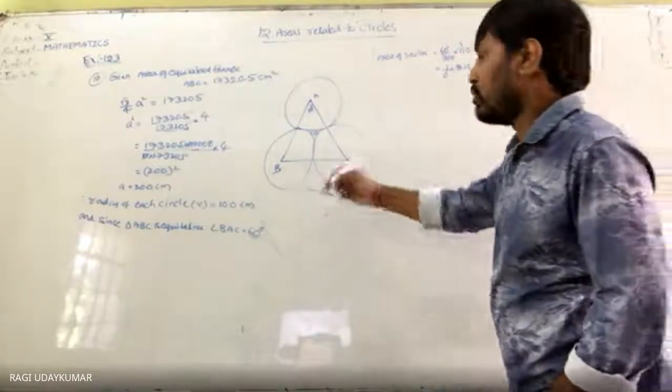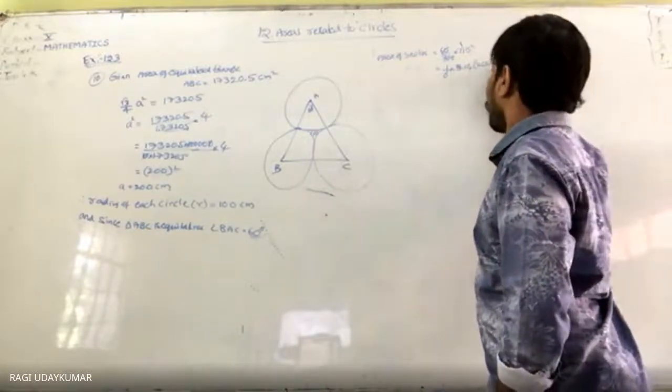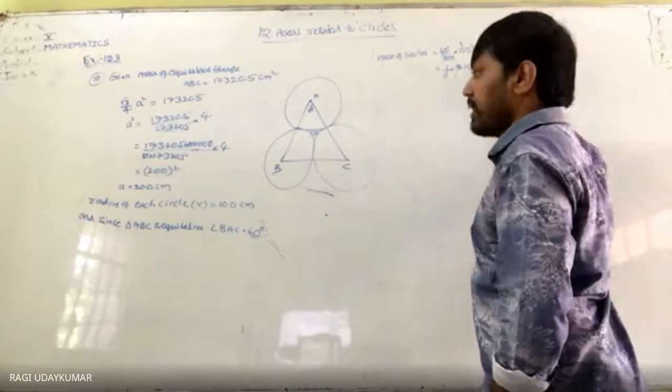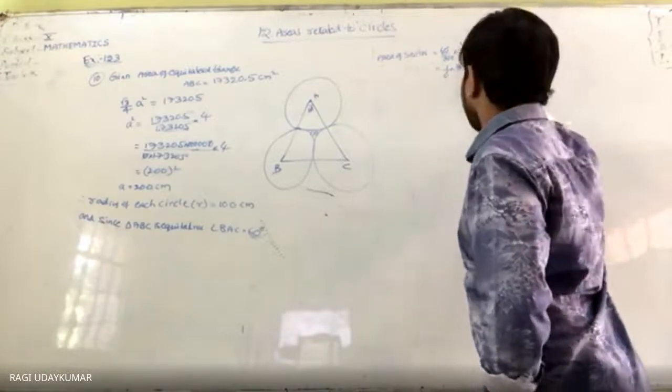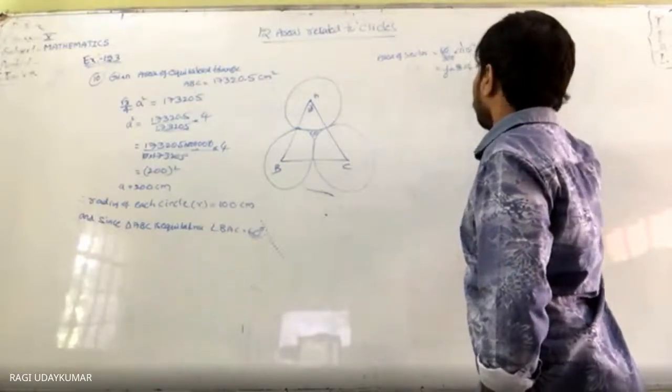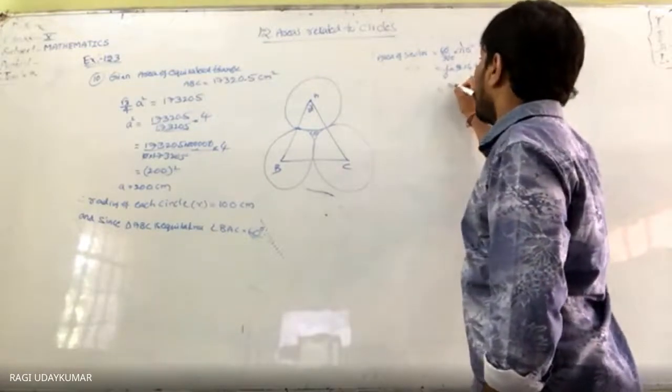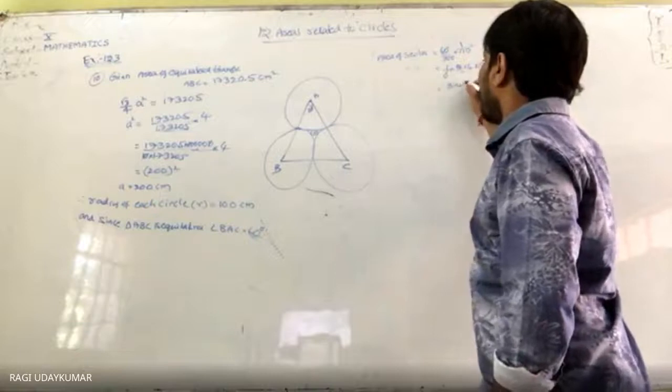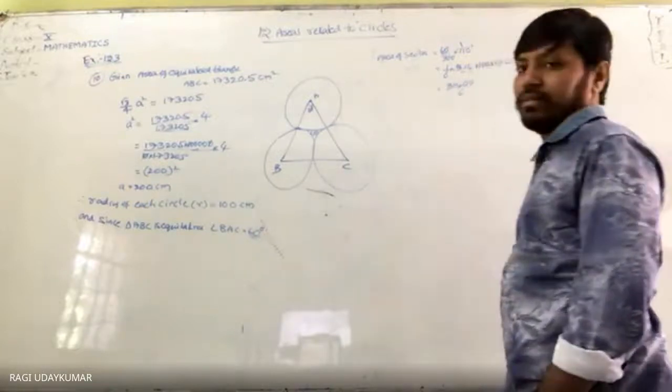And the radius is 100, so into 100 into 100. So what do you get here? 314, ये दोनों मल्टीप्लाई करेंगे तो by 6.